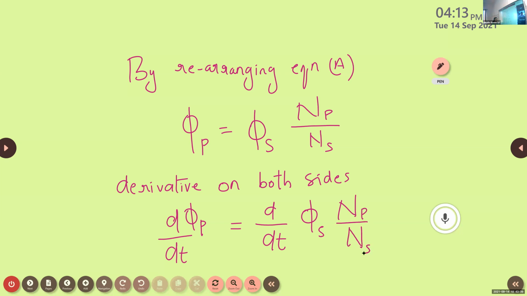The rate of change of magnetic flux associated with the primary coil is equal to the rate of change of magnetic flux associated with the secondary coil into NP by NS.